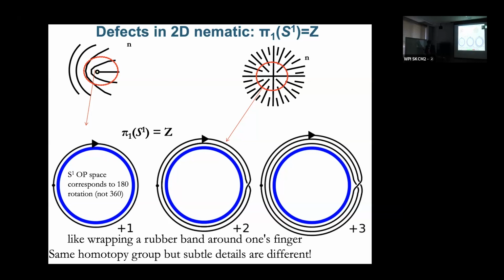So as you would encircle it by some S1 sphere and map that to a unit circle, you would see that as you go around this circle 360 degrees, the rotation will be opposite to the direction of navigation.